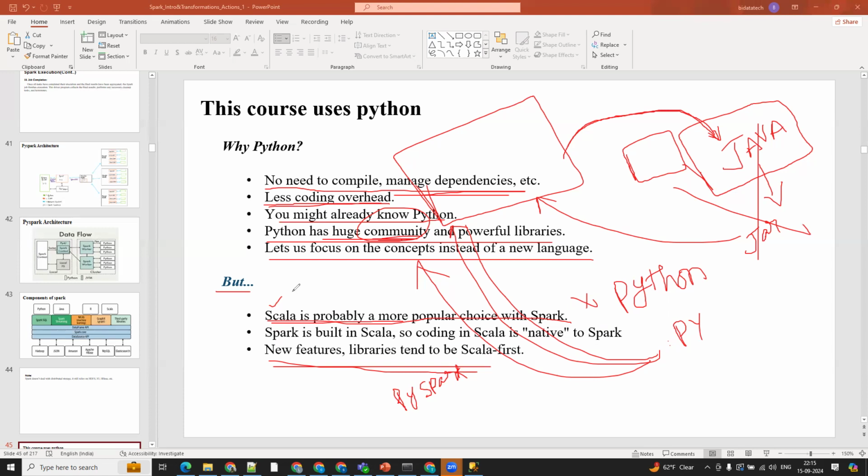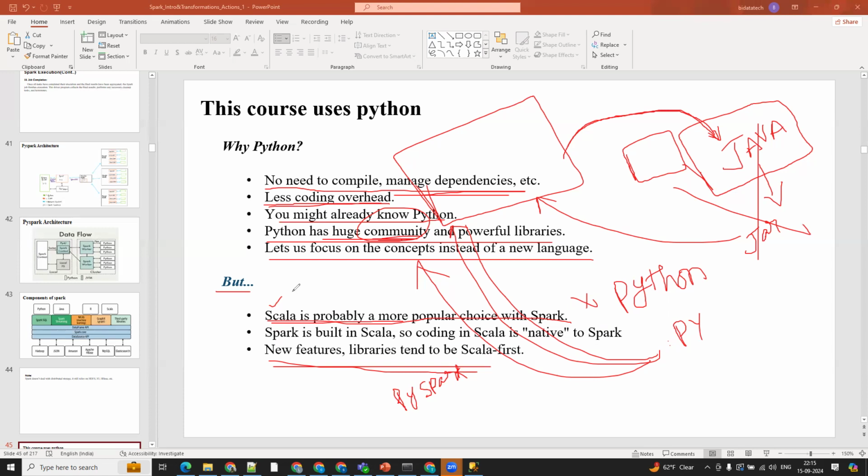If Scala were giving completely more performance than PySpark, people would have chosen Scala by this time. Since there is not much performance difference between these two languages, people started shifting towards PySpark.